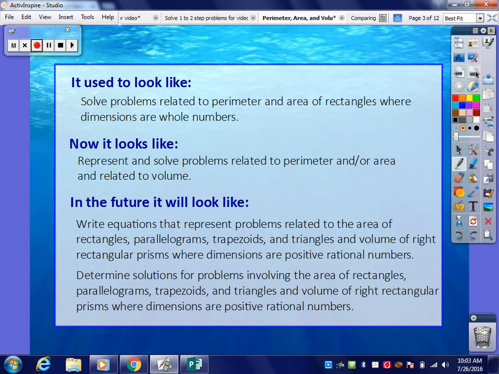And next year, you'll be able to write equations that represent problems related to the area of rectangles, parallelograms, trapezoids, and triangles, and volume of right rectangular prisms where dimensions are positive rational numbers. You'll also be able to determine solutions for problems involving the area of rectangles, parallelograms, trapezoids, and triangles, and volume of right rectangular prisms where dimensions are positive rational numbers.